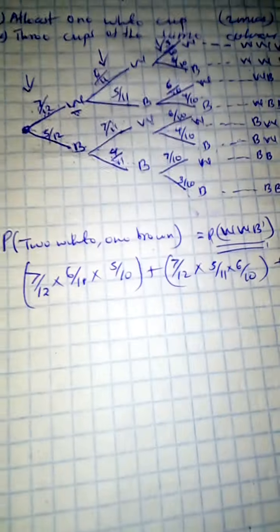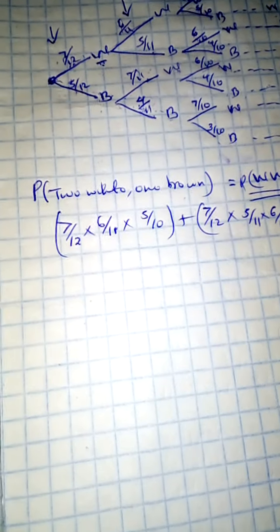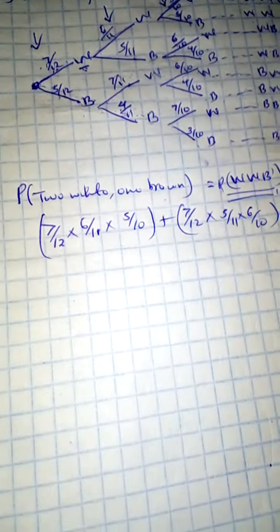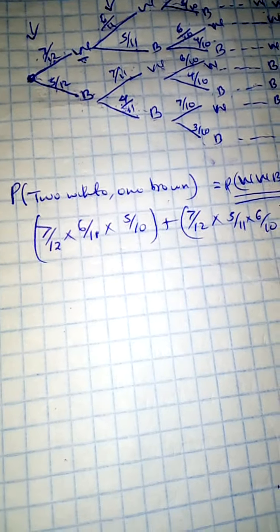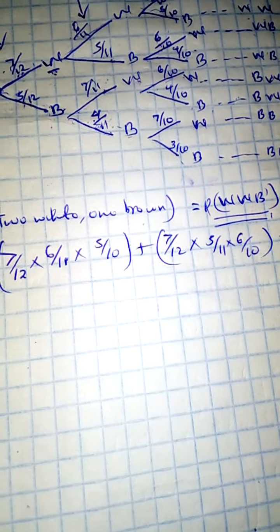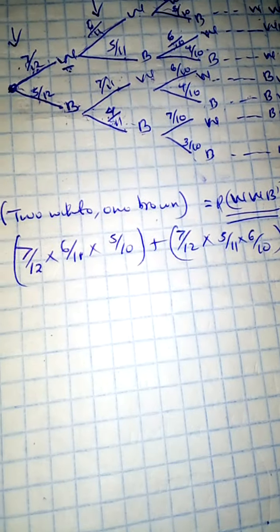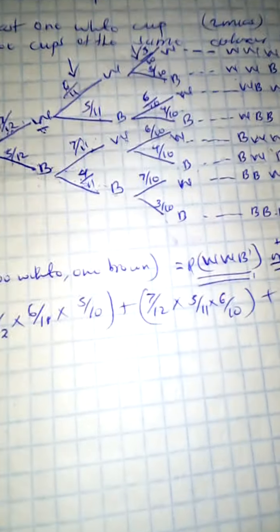Let's calculate these things now. Let's calculate 7 over 12 times 6 over 11 times 5 over 10.